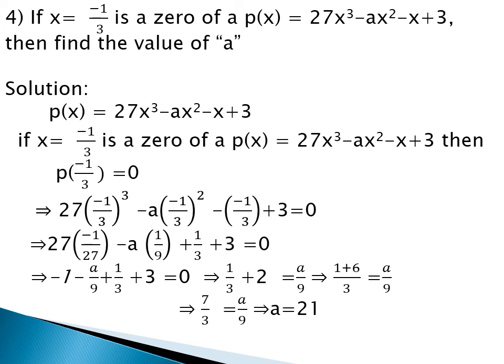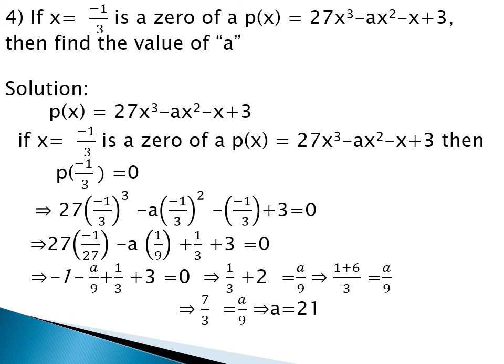So 27 into minus 1 by 27 minus a into 1 by 9 plus 1 by 3 plus 3 equal to 0. Simplify the steps so that you know very well. You will get the answer a equal to 21.